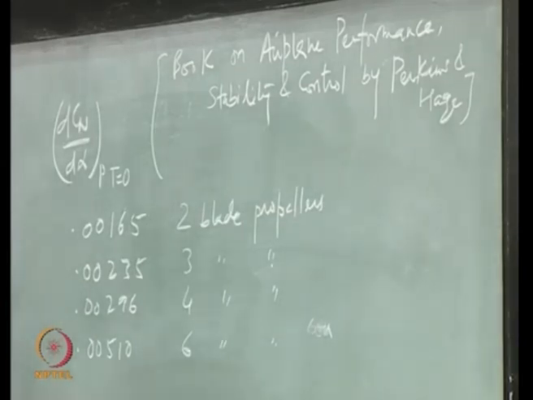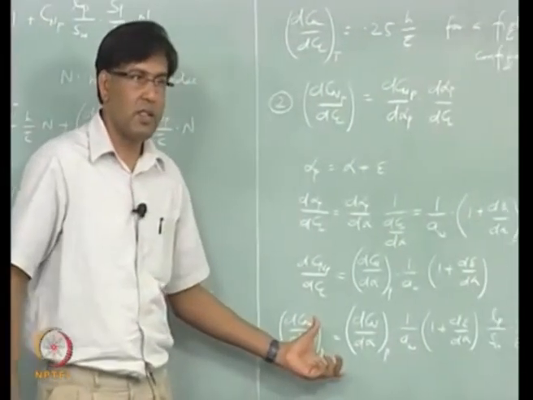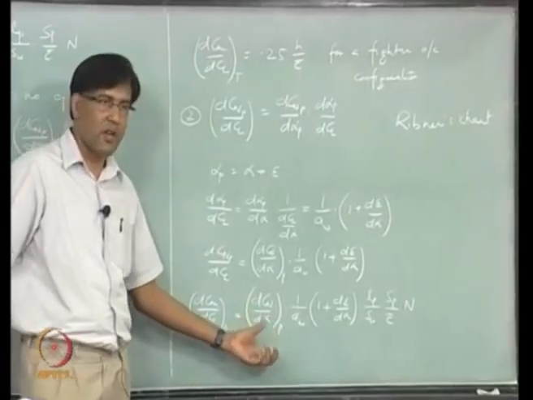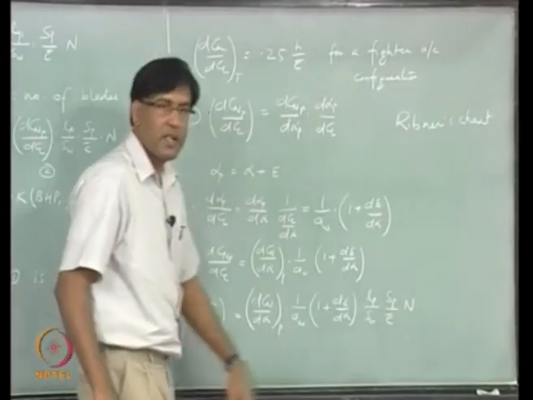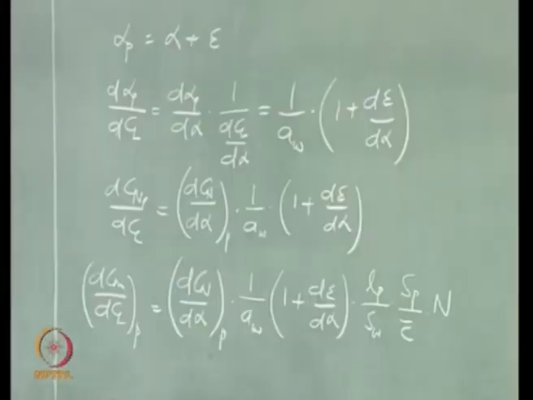All right. So, now what kind of effect is this going to have? I am saying that this is a positive constant for different numbers of blades. It is also going to be a function of blade height and blade angle. So, what effect is this going to have?